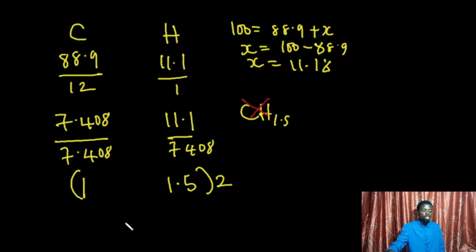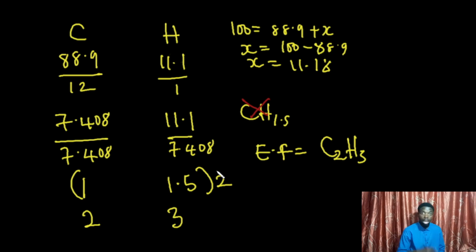If you do that, you are going to have 2 here, because 2 times 1 is 2 and 2 times 1.5 is 3. So our final answer as the empirical formula is going to be C2H3. Remember that if this was a 0.3 value or 0.6, we're going to be multiplying by 3. I hope this video has been helpful to you.